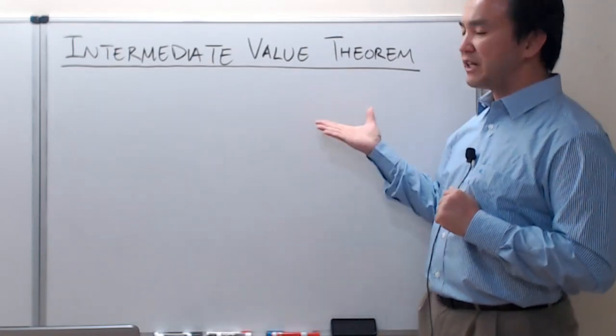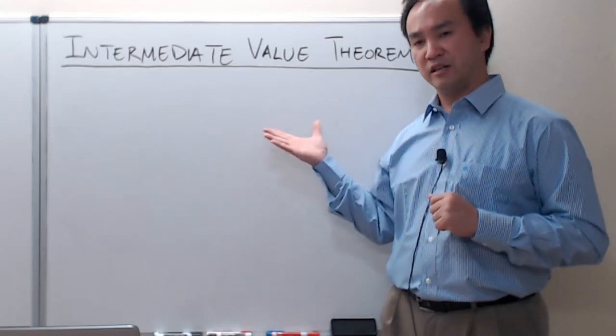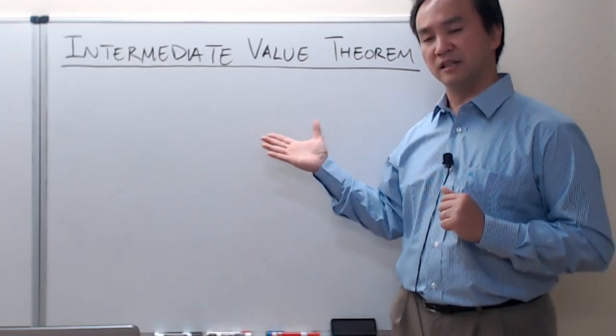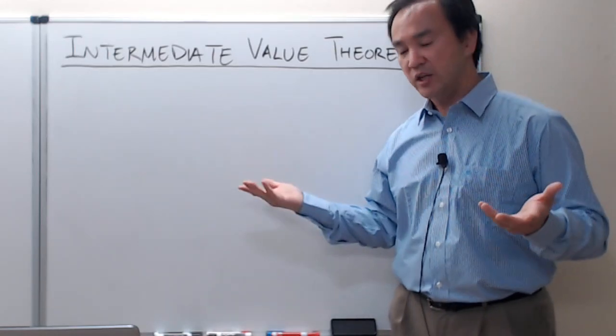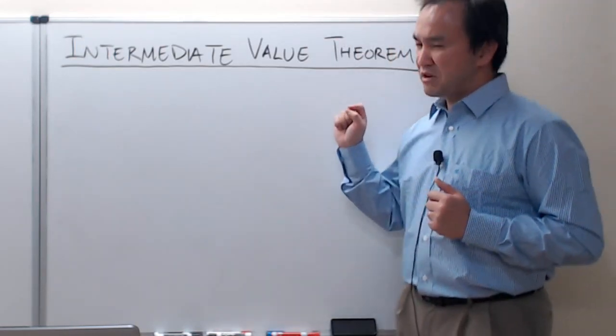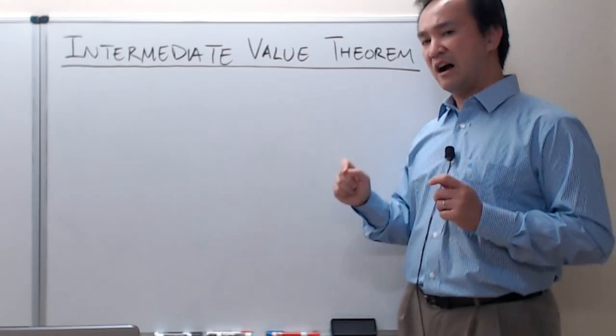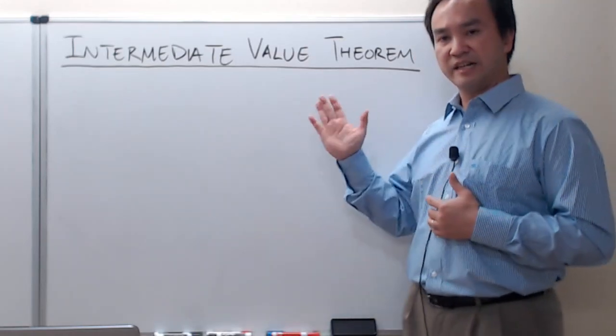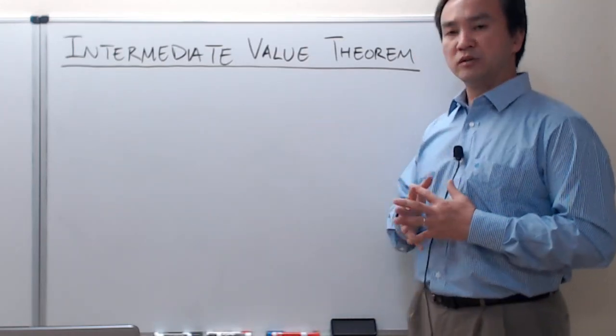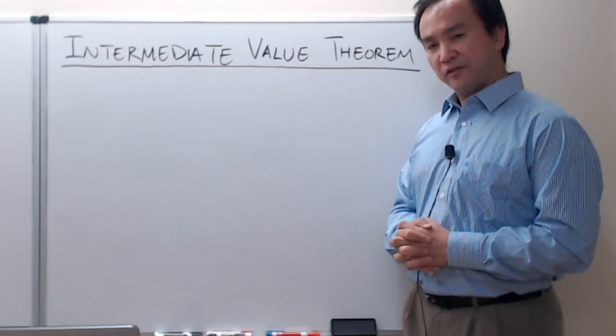The intermediate value theorem came out as a consequence of a function being continuous. Before really writing down the worded theorem, allow me to actually demonstrate the idea of the intermediate value theorem through a graphical explanation first.